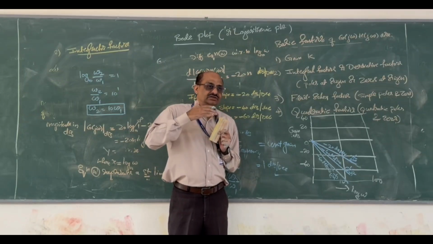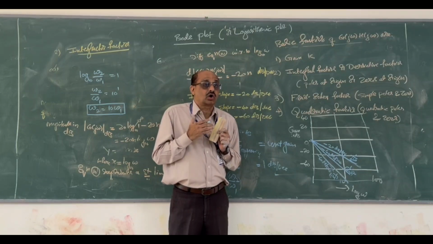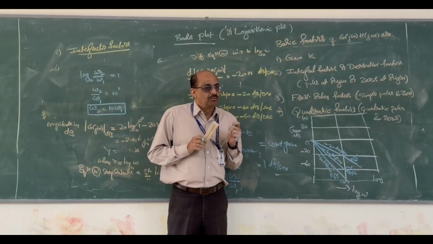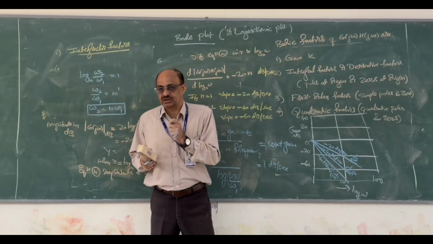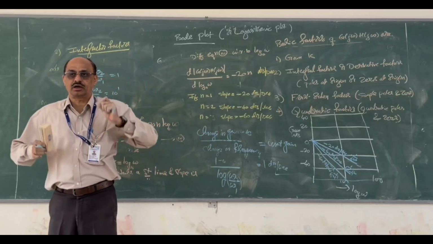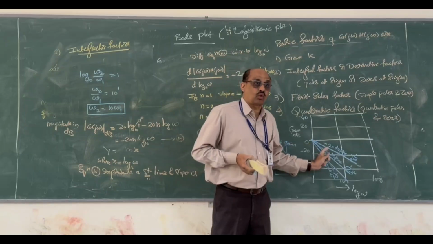They are the tangent to the actual curve, so that is why they are called an asymptotic plot. The Bode plot is a quite good approximation of your actual plot, and gives you accurate results and quick enough.